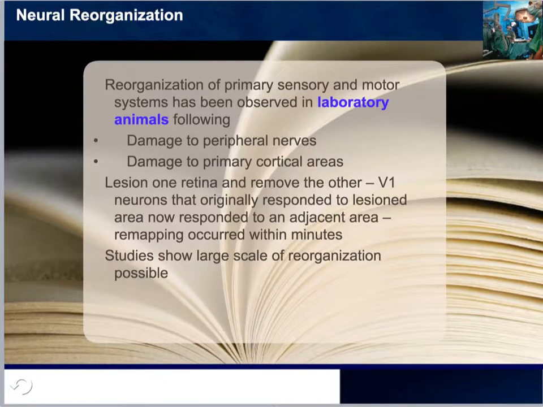Several months after the retinal lesion was made, the primary visual cortex neurons that originally had receptive fields in the lesion area of the retina were found to have receptive fields in the area of the retina next to the lesion. This basically is something that occurred within minutes after the lesion. That is to say that whenever there was damage to the brain, it compensated by organizing in a slightly similar yet different fashion.